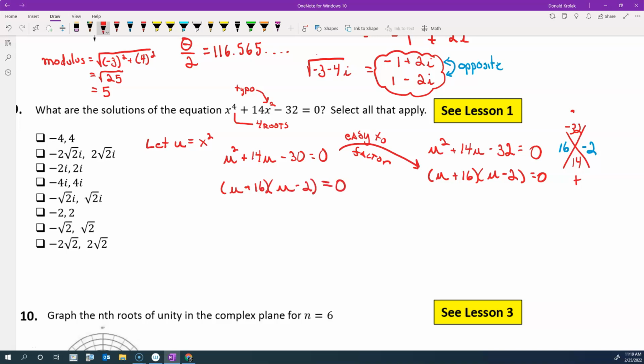Okay, and now I'm going to put the x squareds back in.